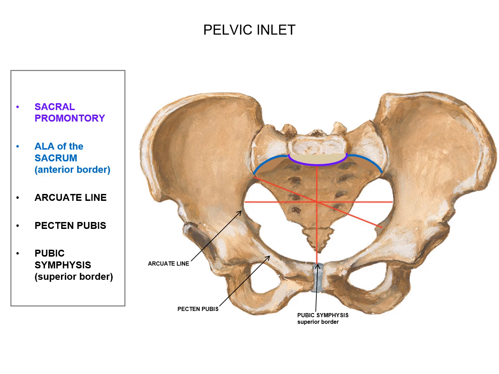On each side of this vertebra, the ala of the sacrum contributes to the margin of the pelvic inlet. Laterally, the arcuate line on the pelvic bone continues the boundary of the inlet forward. The margin of the pelvic inlet continues along the pecten pubis to the pubic symphysis.